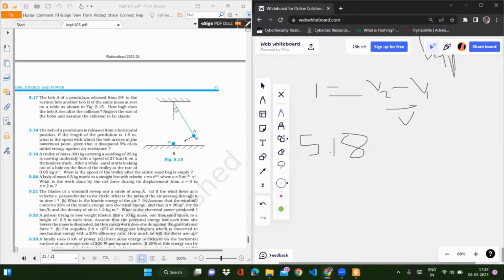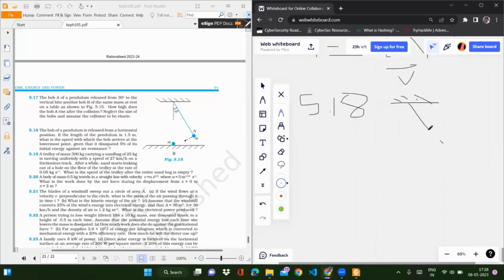For this, we will use the work energy theorem. For the pendulum, there are two forces acting. One is mg downside, vertically down, and the other is the tension force. But as the tension force is always perpendicular to the direction of displacement, the work done by the tension force will be 0, and there will be only work done by mg.